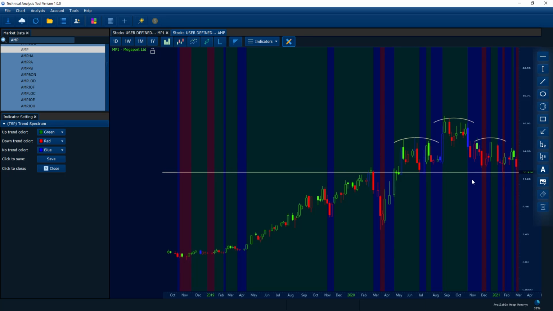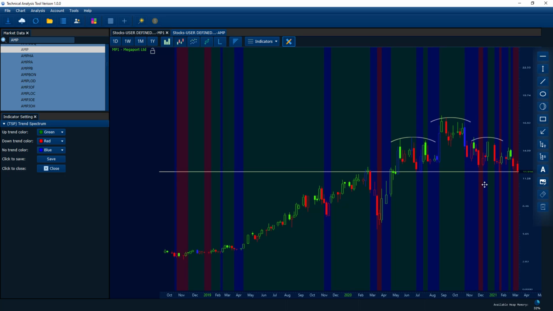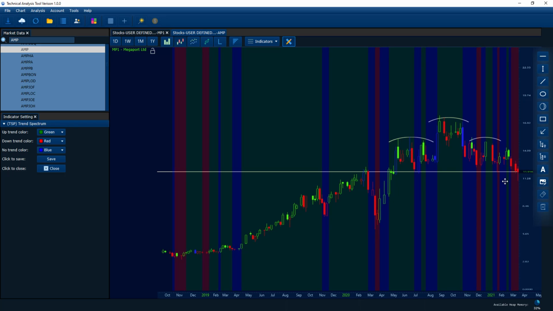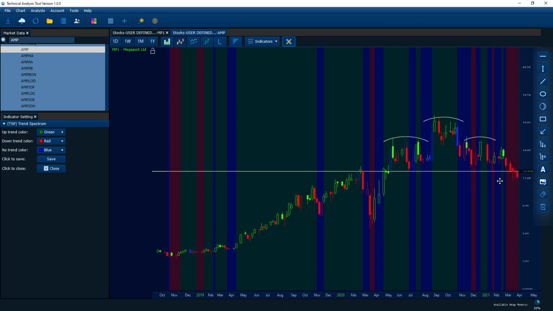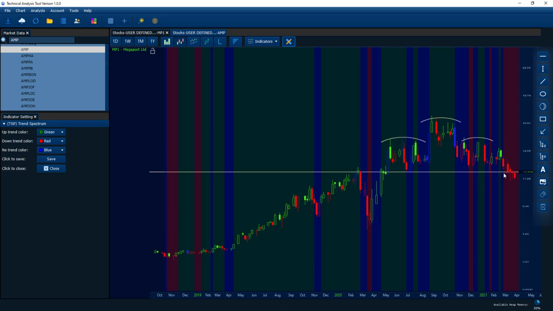So you can draw a resistance support line here, and this is the neckline of this pattern. The trend spectrum is in red at the moment, so as a trader you might not want to get in right now. As you can see, it breaks down, so you're expecting the trend to keep moving down.